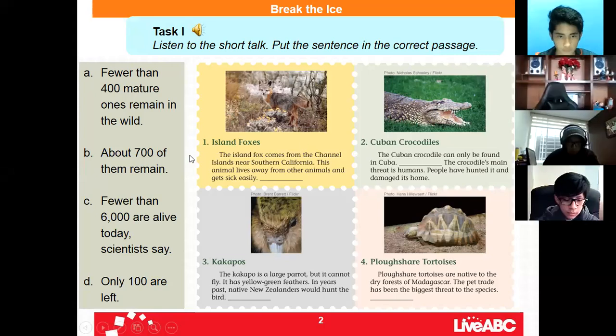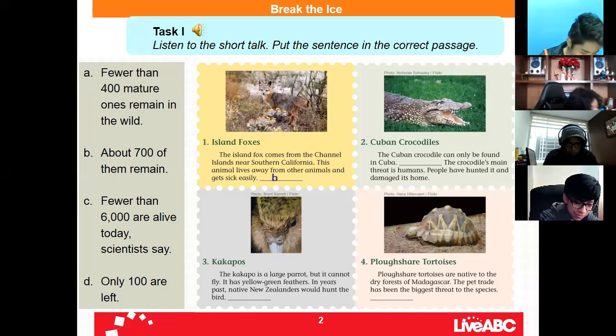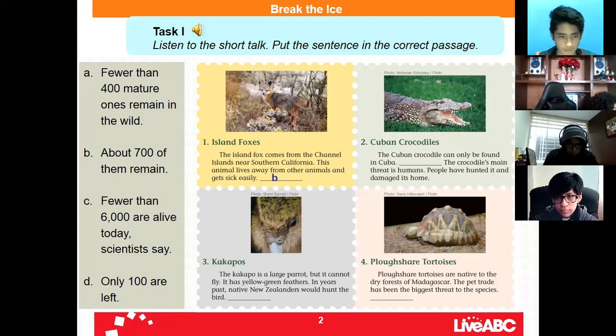Dylan, for number 1, island foxes, what is the correct letter? A, B, C, or D? Letter B. B, excellent. Thank you. Now, Maverick, number 2, Cuban crocodiles. Letter C. Letter C, excellent, that's correct.